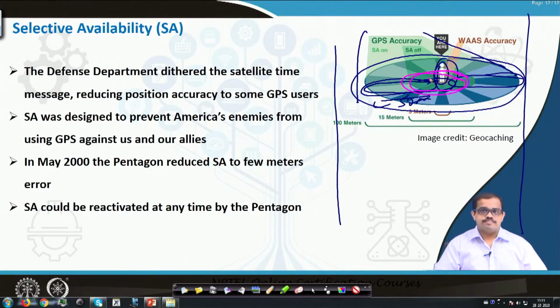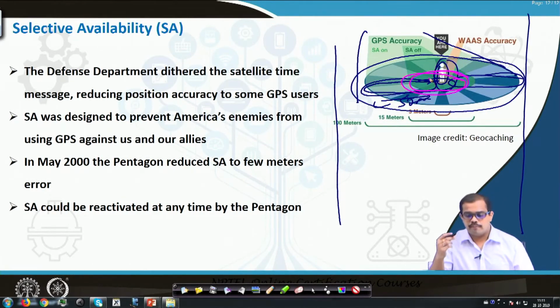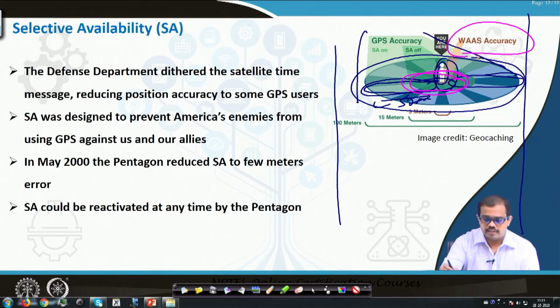If you have something like PPS accuracy, I'll explain what it means, it is even less than 3 meters, which means it can easily locate where you are at any point on the Earth's surface. That is why PPS is used for aircraft navigation and ship navigation, extremely useful in those terms.